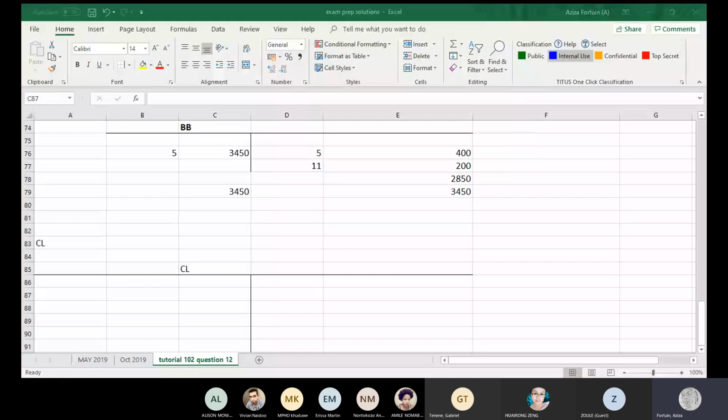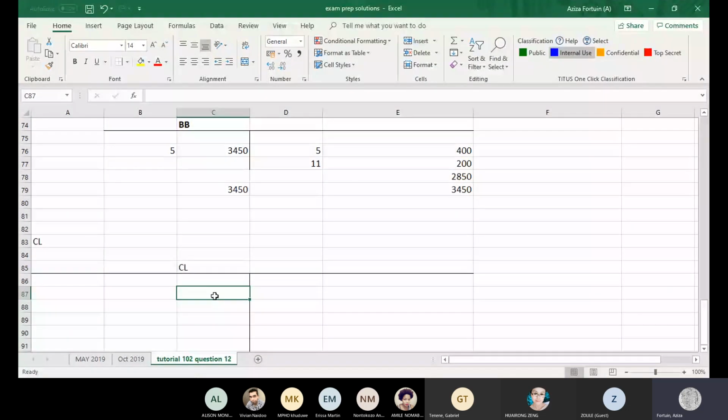Okay, let's start with that. Our client ledger, what are we going to put in our client ledger? Anybody want to go? This should have taken you 1 minute.